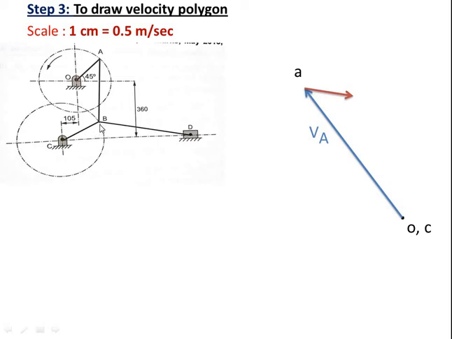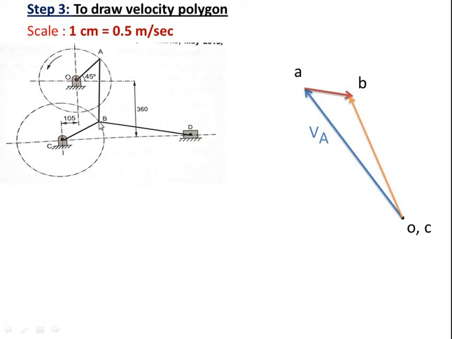The velocity vector of BC will start from C and be perpendicular to BC. So from C perpendicular to BC, this is the velocity vector for BC, or you can say CB. Where these two vectors intersect, it will give you point B, because links AB and CB intersect at point B. So the velocity vector of AB and the velocity vector of BC intersect at point B. Like this we have to locate point D.